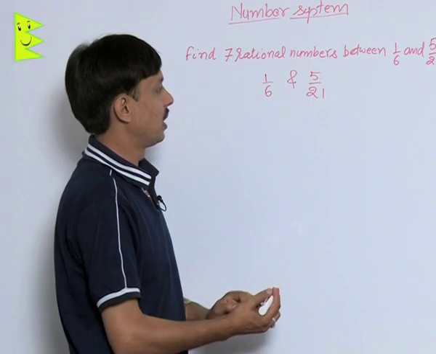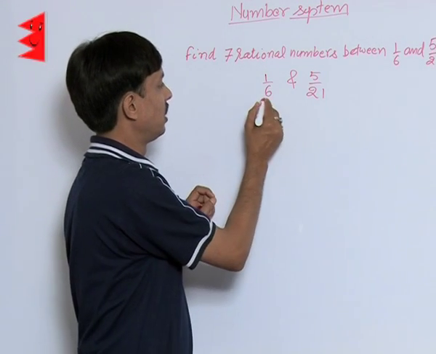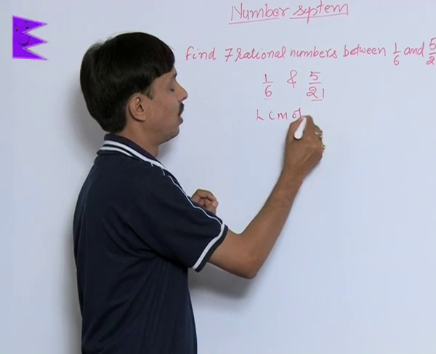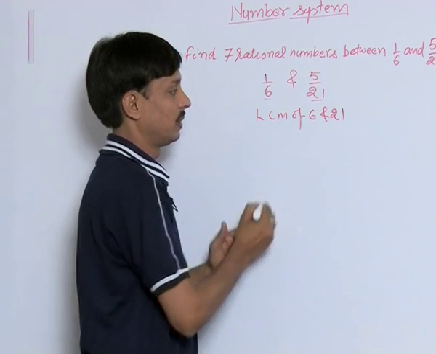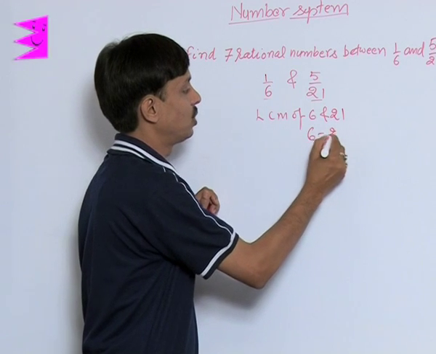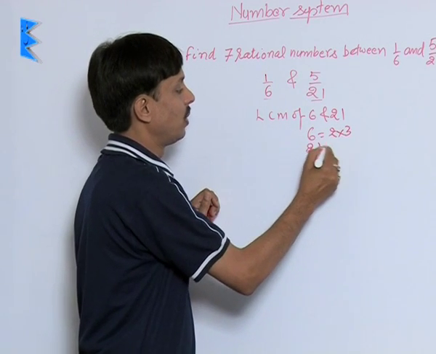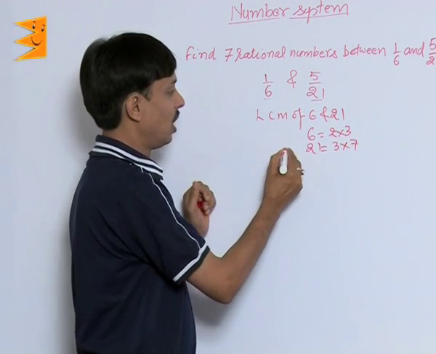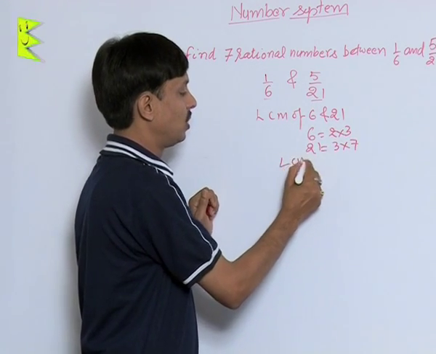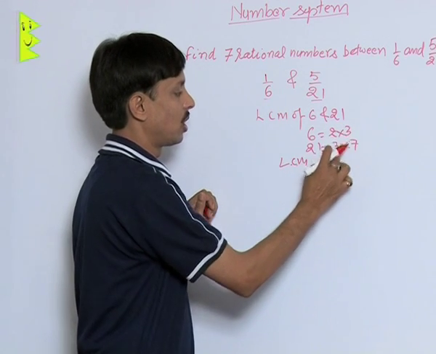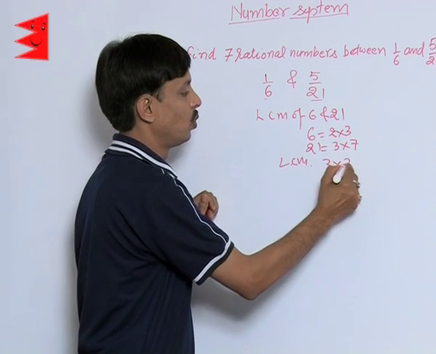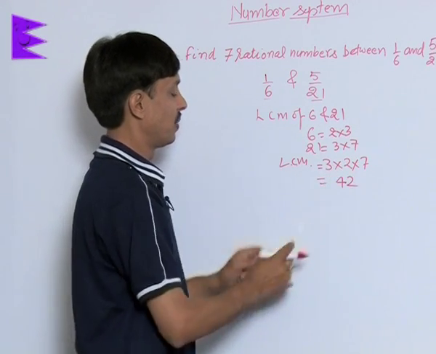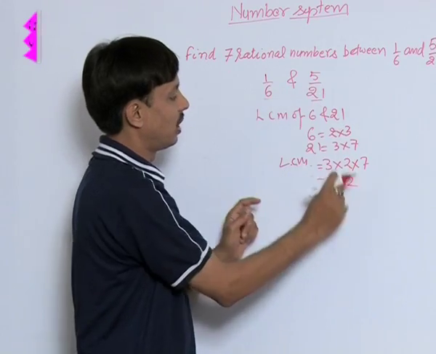To calculate that number, you can see this is 6, this is 21. We will calculate the LCM of 6 and 21. 6 can be written as 2 into 3 and 21 can be written as 3 into 7. The LCM of these numbers becomes, because 3 is a common factor, then into 2 non-common, then into 7, so this becomes 42. The LCM of 6 and 21 is 42.